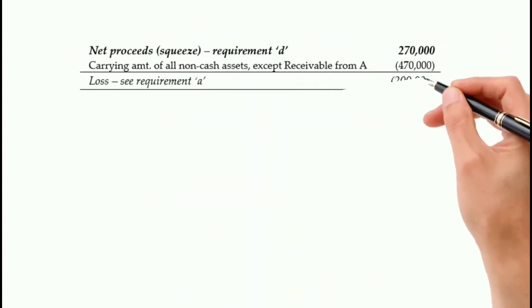Next, let's answer requirement letter D. Net proceeds from sale of the non-cash assets, excluding the receivable from A. Yung loss on sale na na-compute natin kanina ay negative 200,000 pesos.